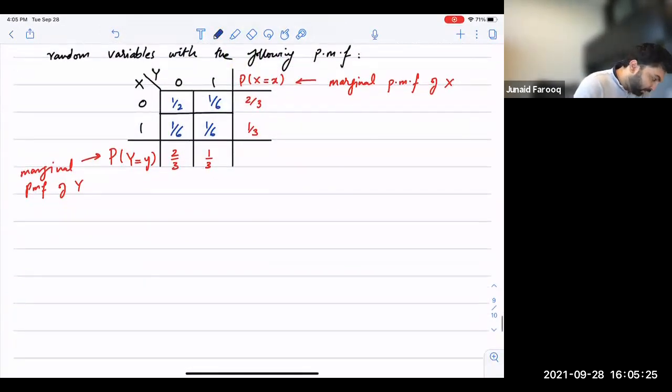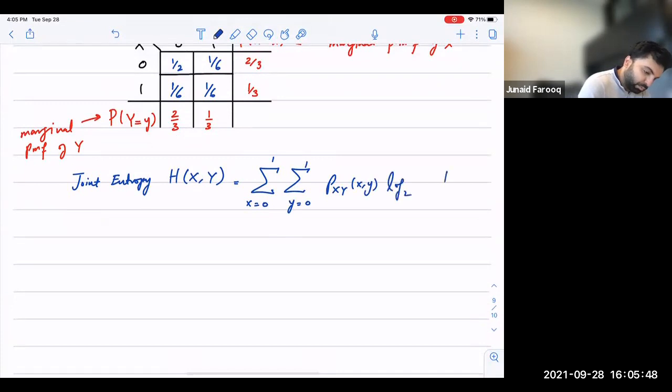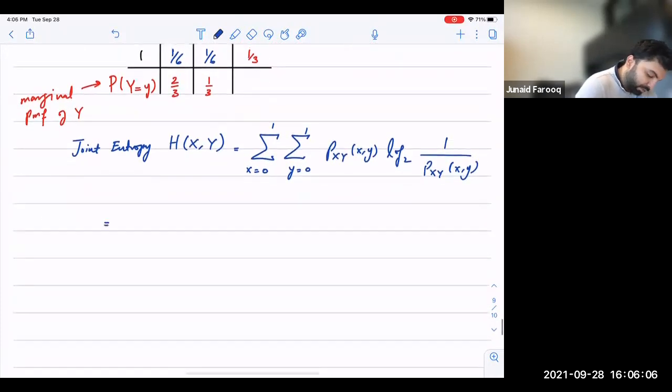Now the joint entropy, which is H(X, Y), is actually a double sum, right? So x from 0 to 1, y from 0 to 1. We'll have P(x,y) times log 2 of 1/P(x,y).